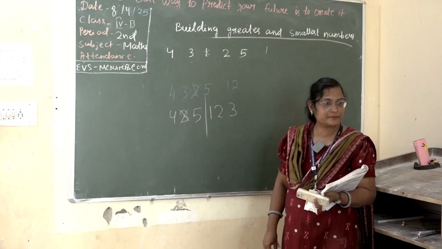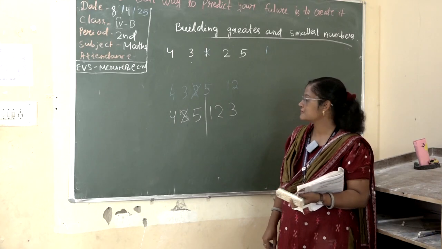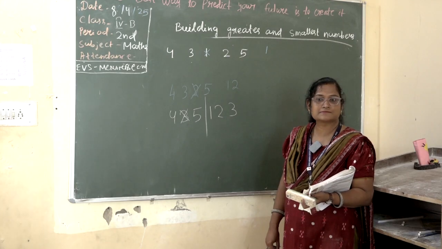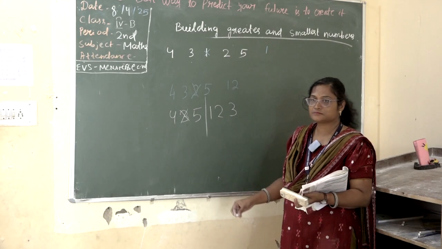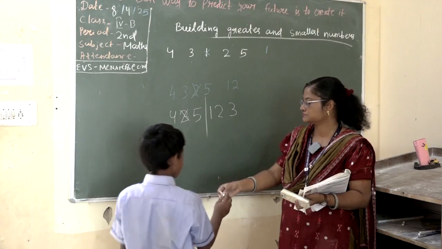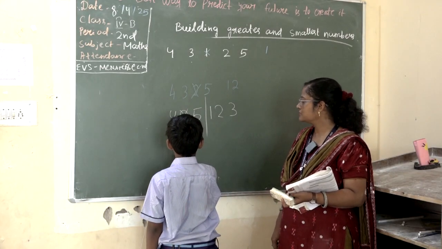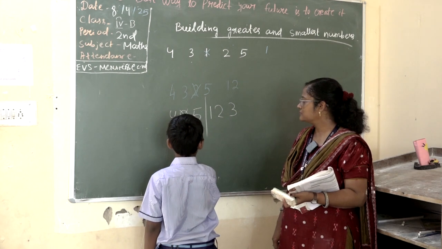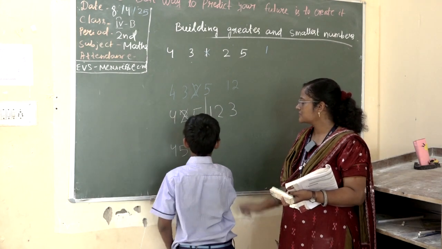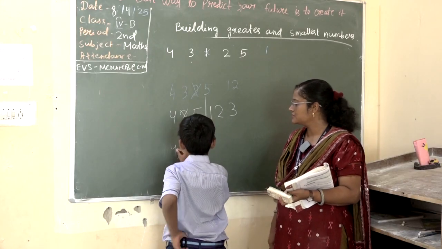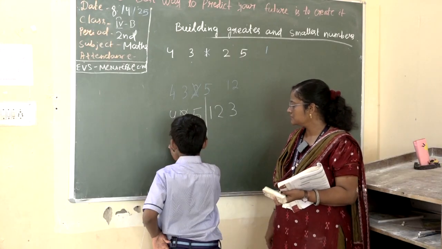Okay, next, come. Remaining numbers 4, 5. Which is the smallest here? 4 and 5, which is the smallest? Put a comma in between, otherwise it will mix. 4. Cross that.